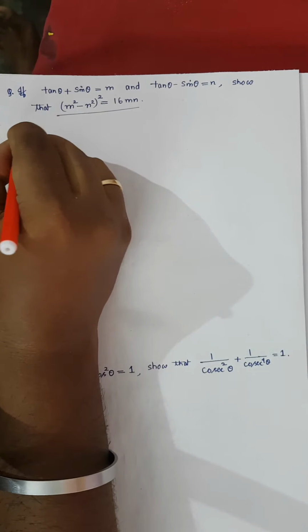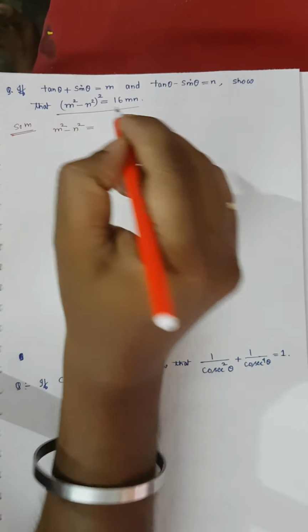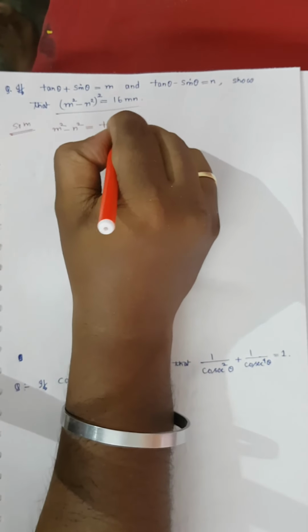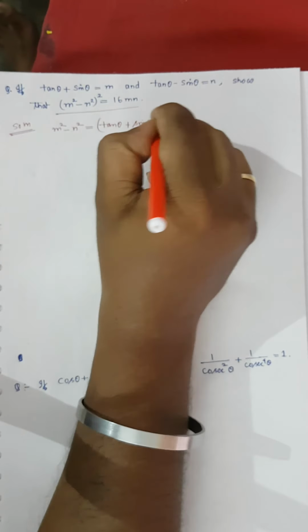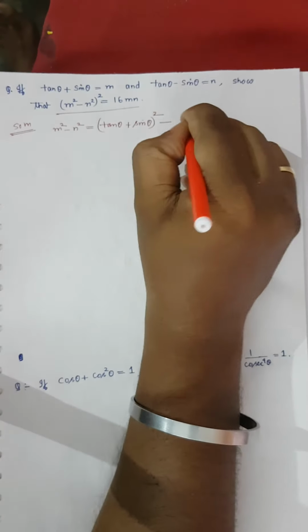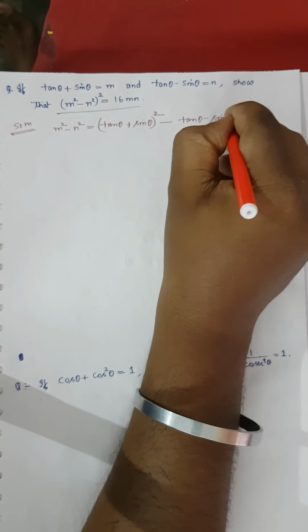So solution. Find out m square minus n square. This is tan theta plus sin theta whole square minus tan theta minus sin theta whole square.